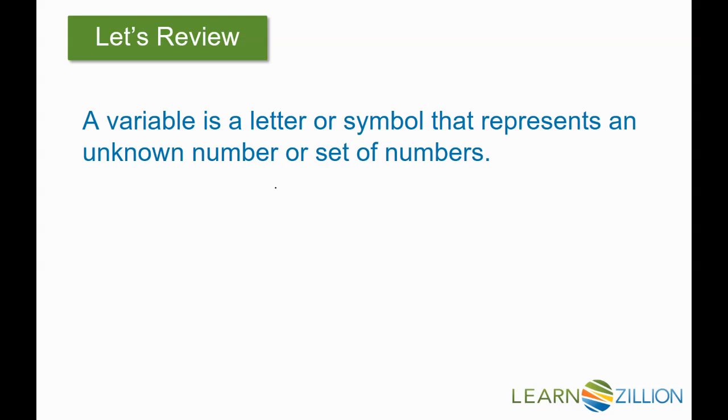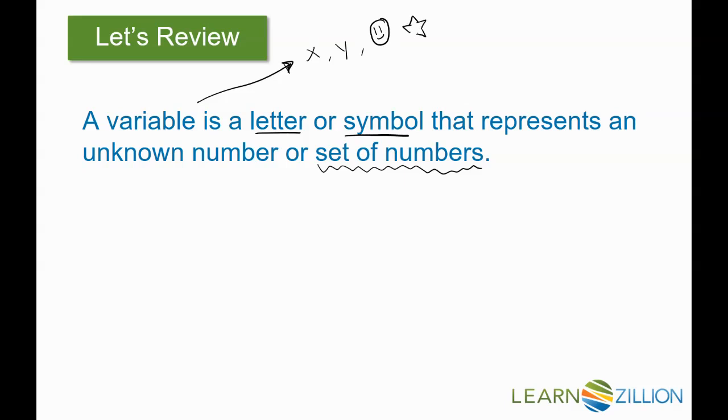A variable is a letter or symbol that represents an unknown number, or, this is important, set of numbers. Okay, so variables, some popular ones we use: X, Y, you could use a smiley face, you could use a star, so that's where the symbols come into play.